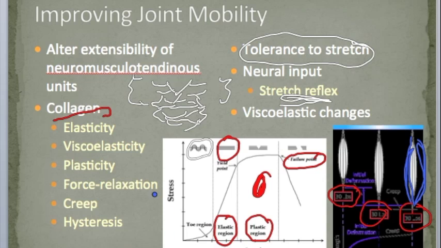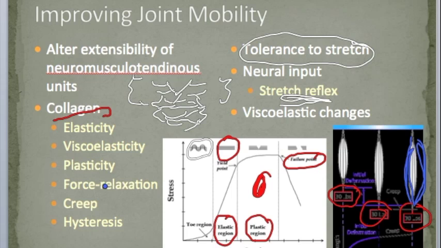So that's creep. And with force relaxation, this can occur in the body, especially if you have somebody with a postural issue. You may have seen this with some of your classmates last week: people who are very forward head and rounded shoulder have some force relaxation in their thoracic spine because their scapulae sit pretty far forward.